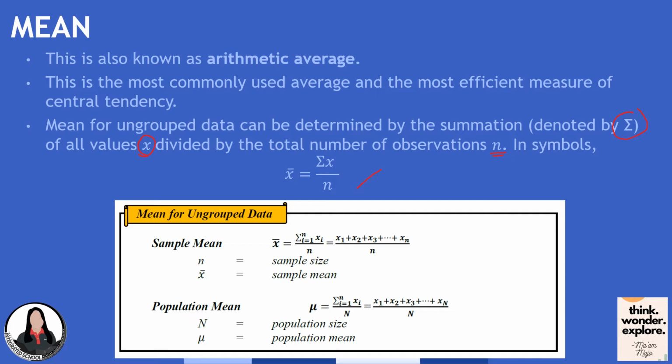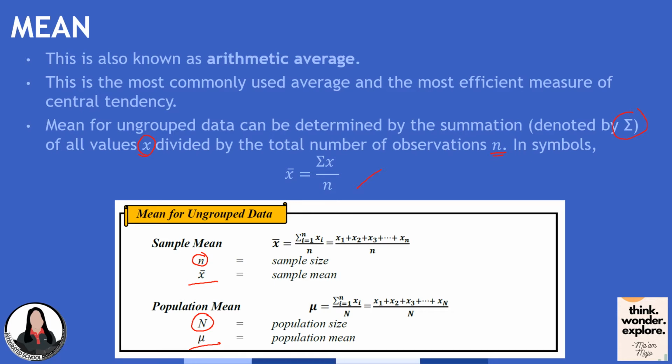Always remember that sample is just a subset of a population, right? So, kapag kinuha natin yung sample size, we will use the lowercase letter n. However, if we are pertaining to population size, that is represented by uppercase letter N. And for the sample mean, siya ay represented by x bar and then mu naman kapag population mean.